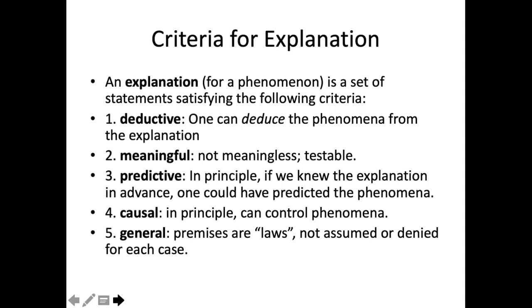The next step is that it is causal, which means, in principle, if you knew the explanation, you can control the phenomena to be explained. It doesn't mean that you can in practice. It means in principle you could, if you could manipulate the causal variables.